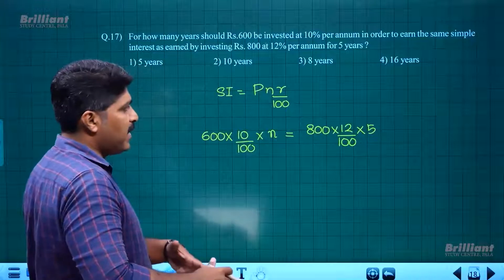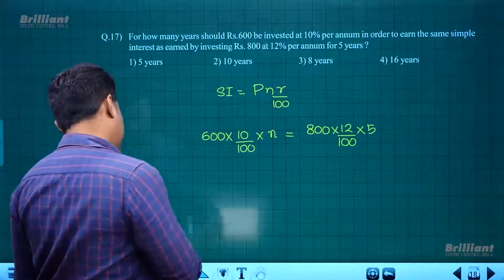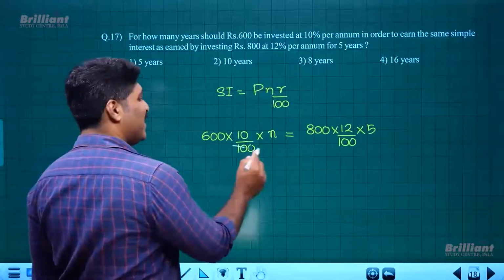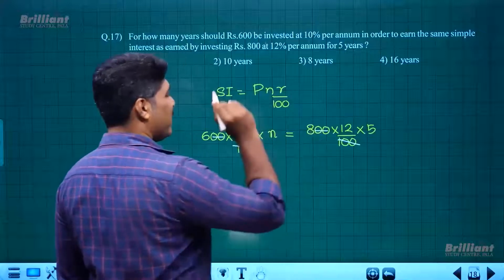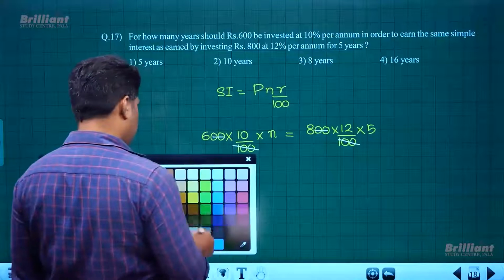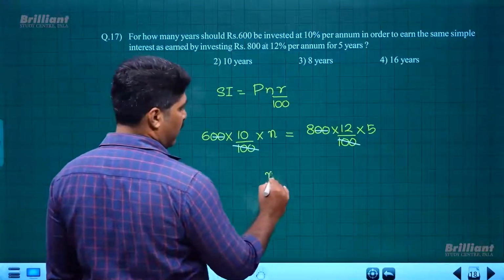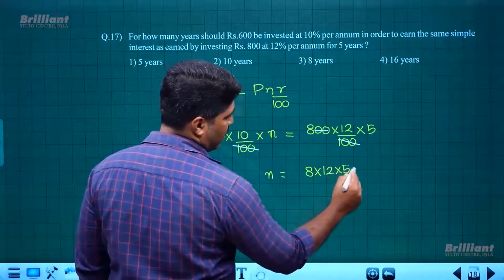Here we know that the same kind of terms we can simplify. So which are the same types of terms here while observing this one? This 100 we can cancel. These two zeros we can cancel. So rest of the values we can arrange further. So n is equal to, on right side 8 is there, 12 is there, 5 is there.